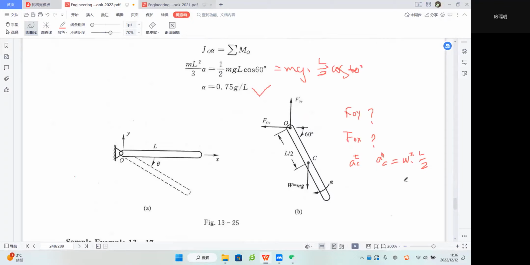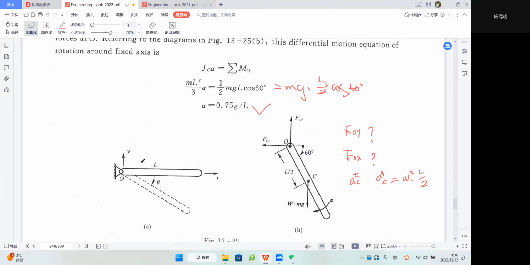But we don't know what omega is. At T1, it is held by hand, actually at rest, so T1 will be 0. Let's say it swings from theta equals 0 to theta equals 60.